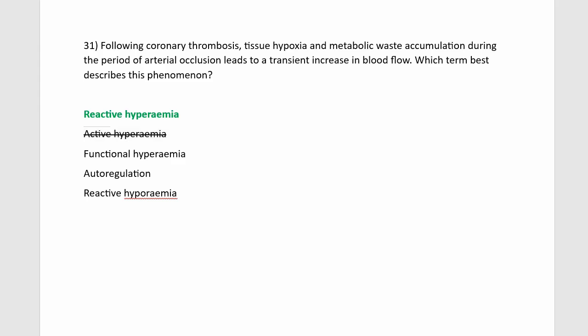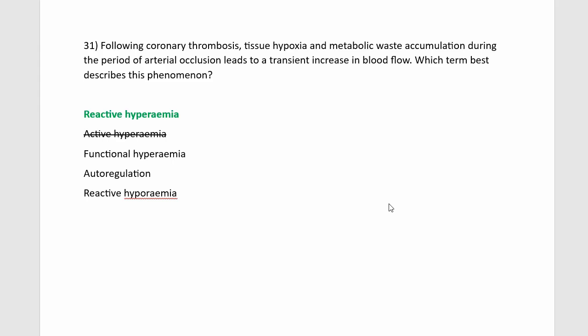Functional hyperemia is another example, kind of, of active hyperemia. Functional hyperemia is when there is an increase in blood flow in response to increased metabolic activity in a tissue, and it specifically describes an increased blood flow that accompanies muscle contractions.